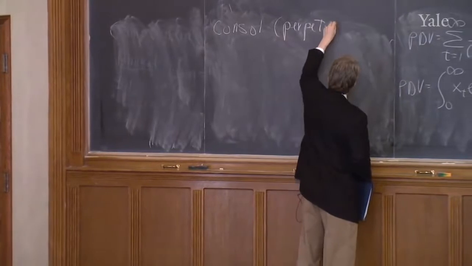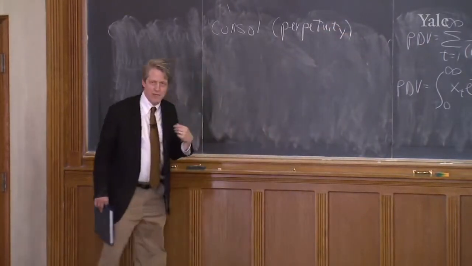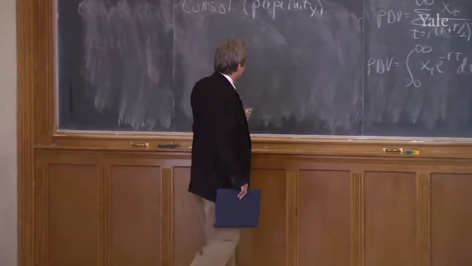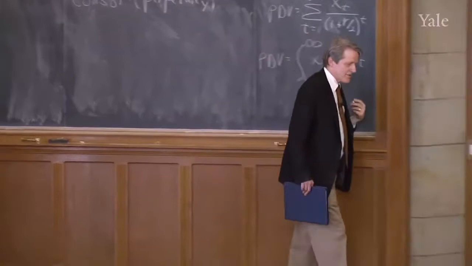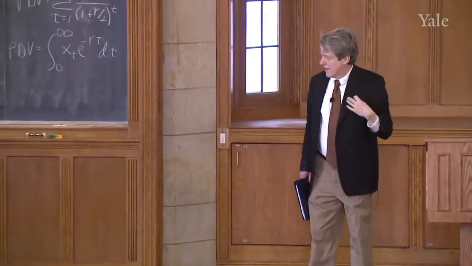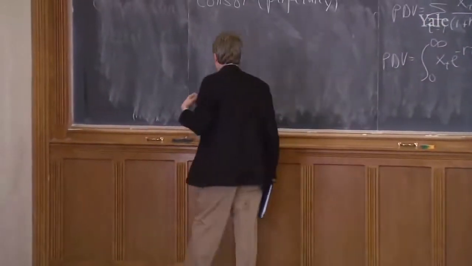A perpetuity or a console is an instrument that pays the same payment every period forever. It's named after the British consols that were issued in the 18th century. They were British government debt that had no expiration date, and the British government promised to pay you an amount forever.